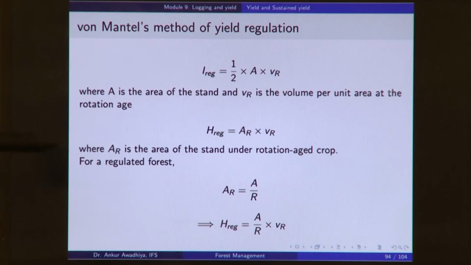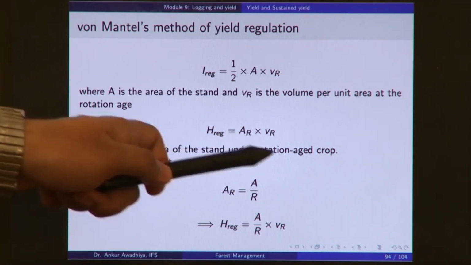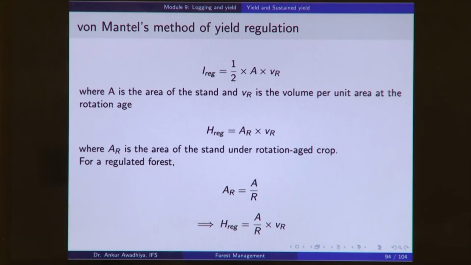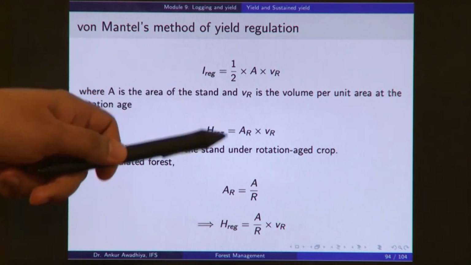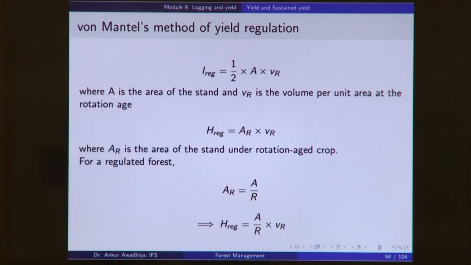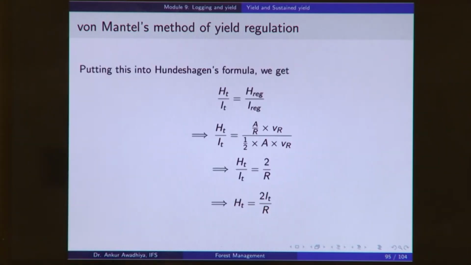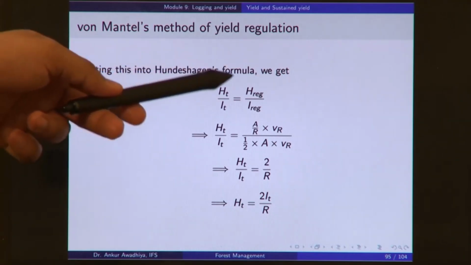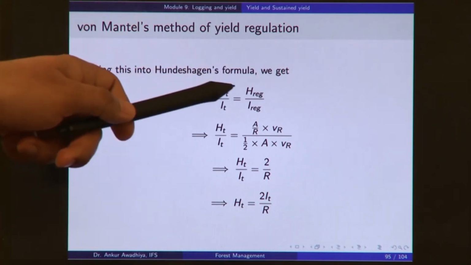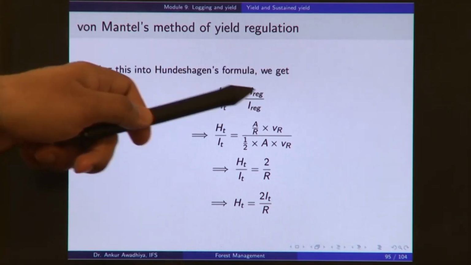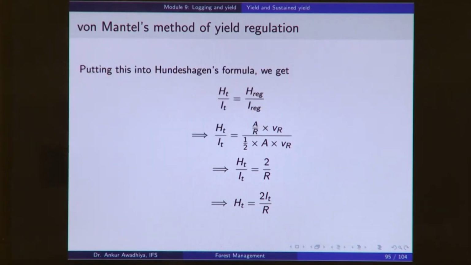Now, for a regulated forest, AR is equal to capital A divided by R, because we have divided the forest into equal area sections. So, now we can say that H regular is equal to A by R into VR. Now, putting this into the Hundeshagen formula, we get HT by IT, that is harvesting at time t divided by the inventory at time t, is given by H of the ideal forest divided by I of the ideal forest.